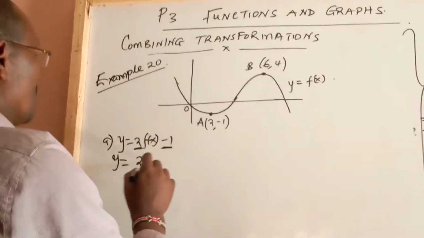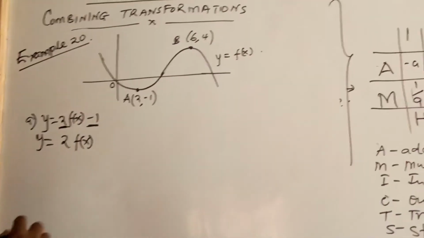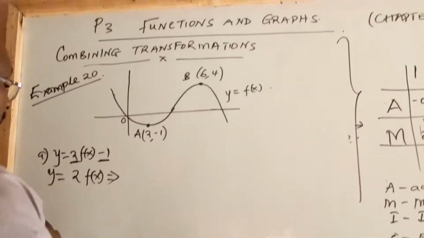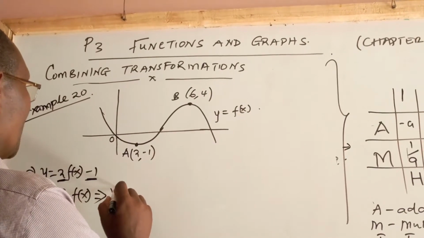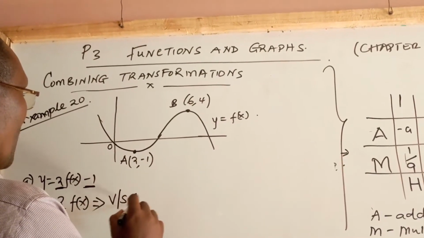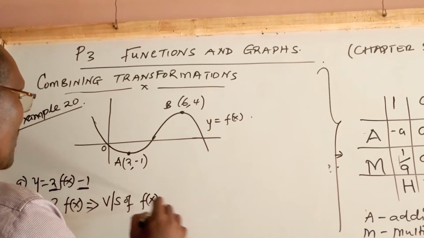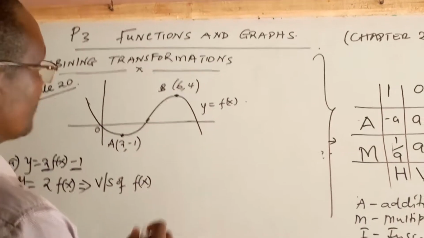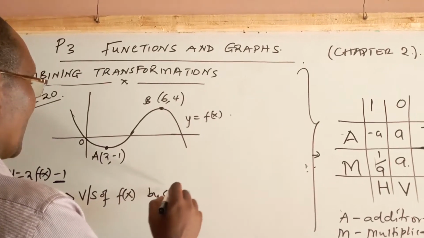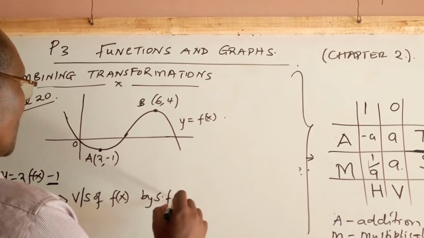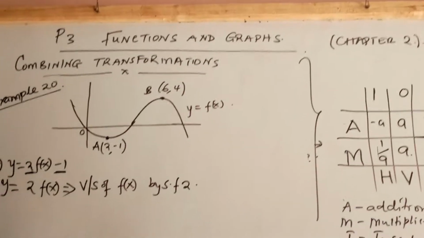So y = 2f(x), before we go to -1, is the vertical stretch of the original function f(x) by scale factor 2.